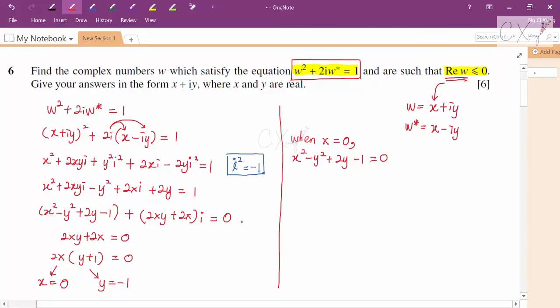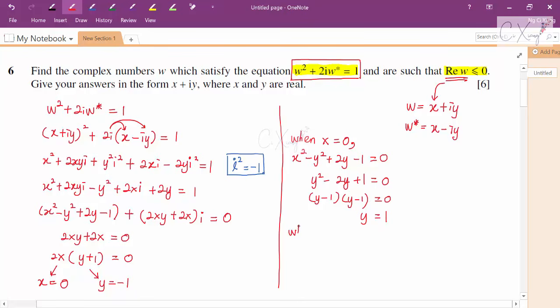Since x squared is 0, I simplify this equation, and it becomes a quadratic equation again. When I factorize it, eventually I get one answer where y equals 1. So this is one complete set of answer: when x equals 0, y should be equal to 1.